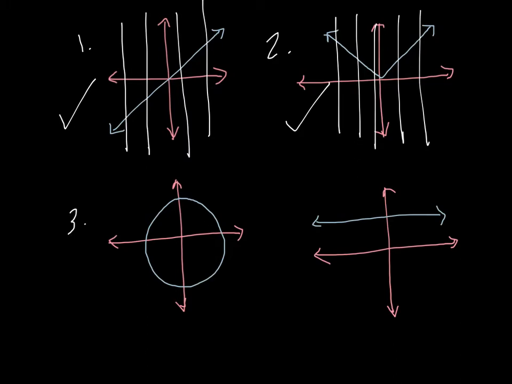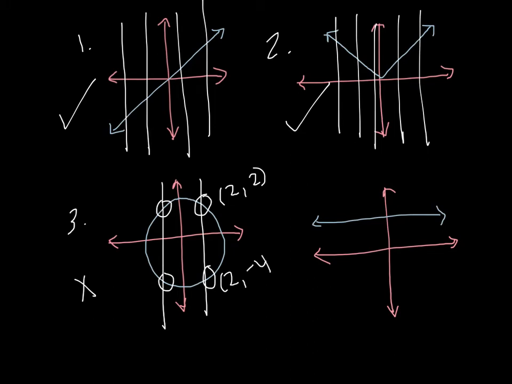In number 3, when I draw a line through the circle, I'm now hitting the graph twice, so this would not be a function. And to further elaborate on that, say I listed some points, maybe this point up here is (2, 2), and this point is (2, -4).